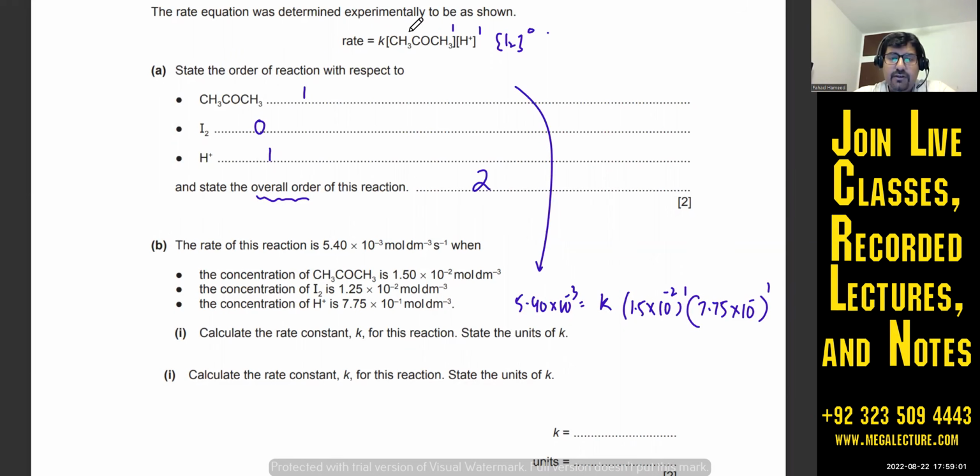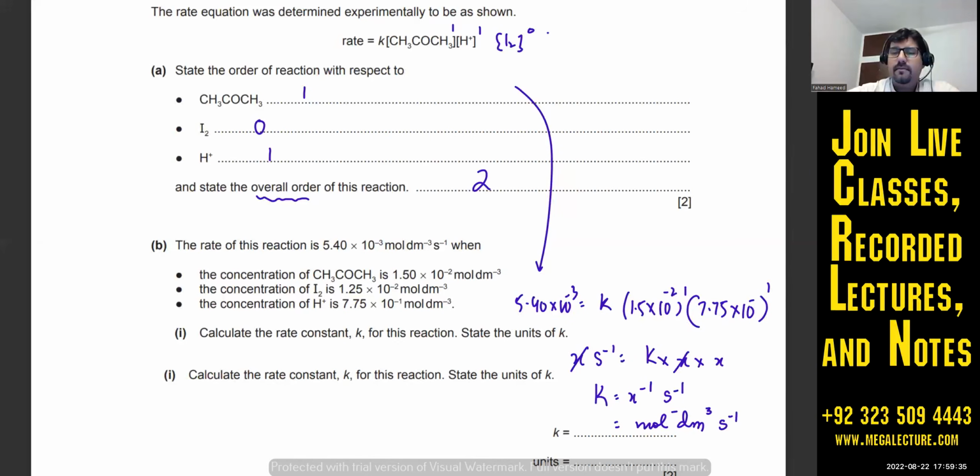And you can also find the units of K. The rate units are mole per dm cube per second, so that's X minus 1, and K times concentration times concentration. One X cancels. K would be X minus 1, S minus 1. So it's mole minus 1 dm3 and S minus 1.